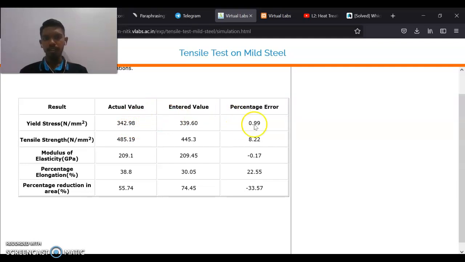So the percentage error is 0.9, and the actual value for the tensile strength is 485.18, and the modulus of elasticity is 209.1. The percentage of elongation is 38.8, and the percentage reduction in area is 57.7.